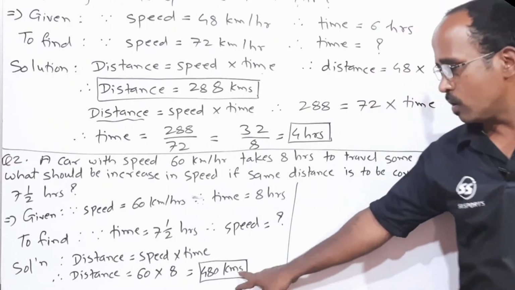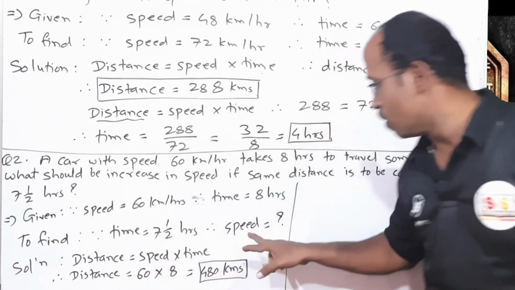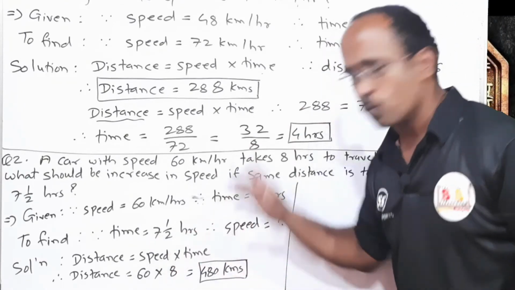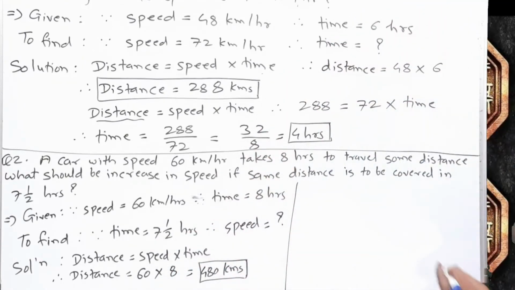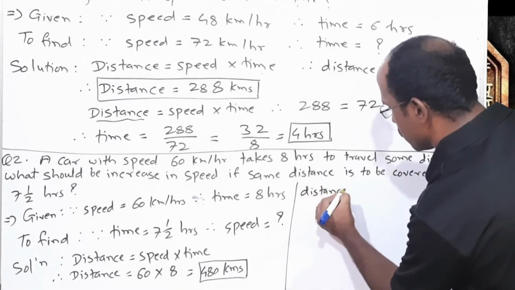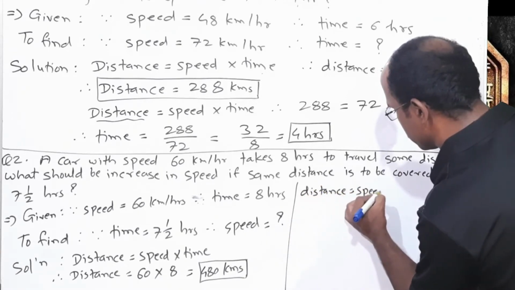Now to find the speed, what is given is time. Once again we have to write the formula and replace to find values. So formula is distance is equal to speed into time.